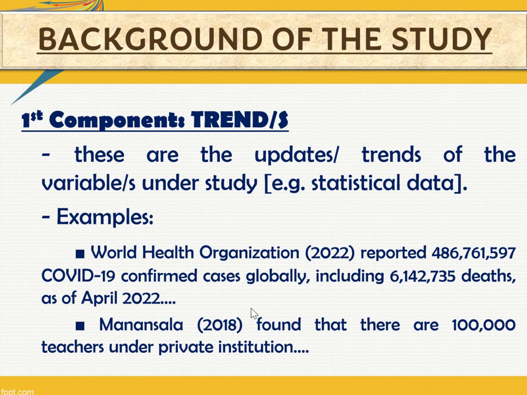Okay? That is one example. And then another example, Manansala 2008 found that there are 100,000 teachers under private institution, etc. Okay, so this is an example on how you can present the trends of your study. So you can present here statistical reports or data that you have gathered in your review of related literature.